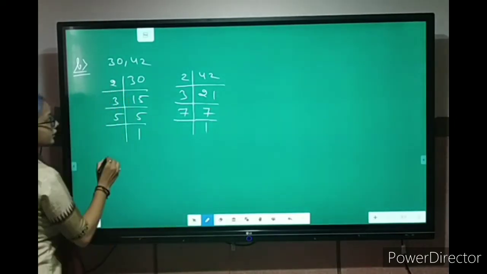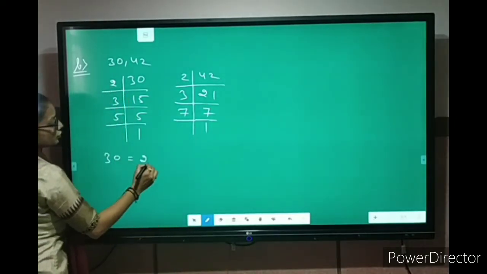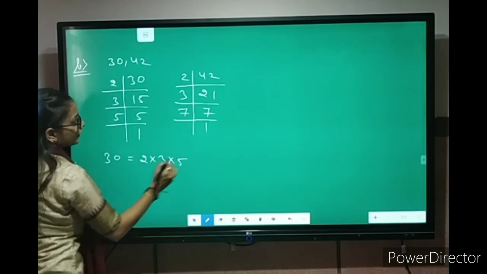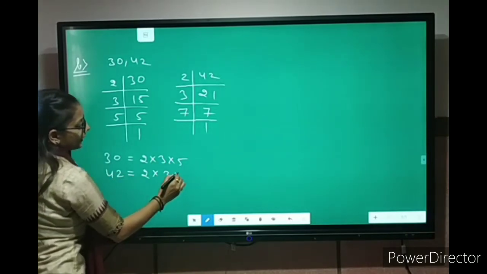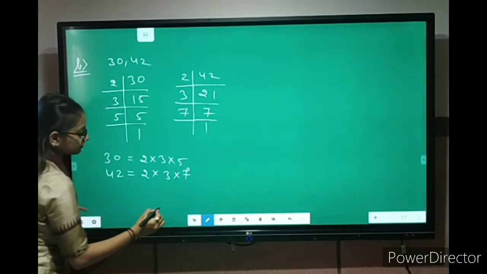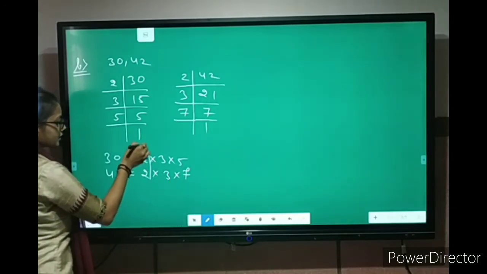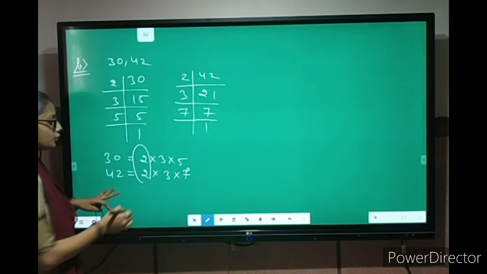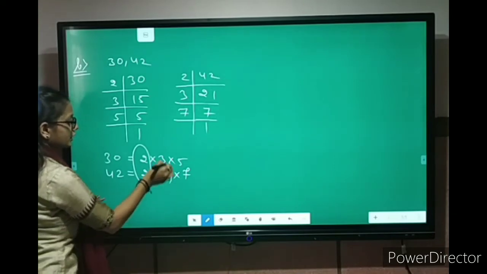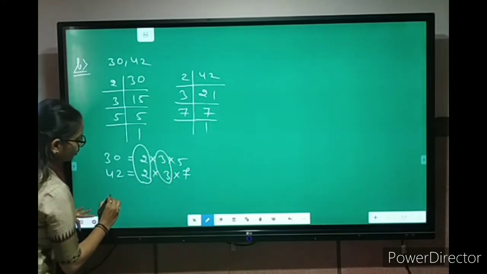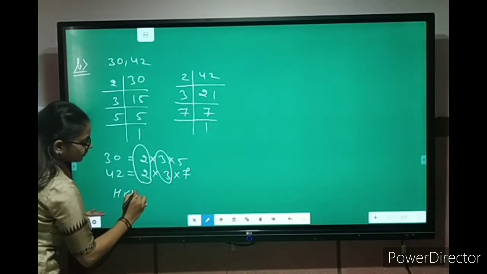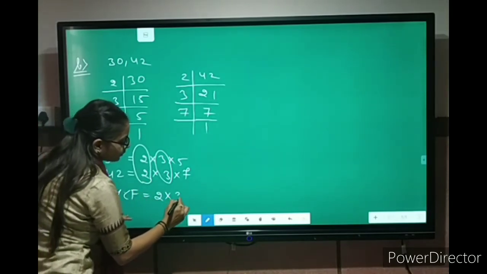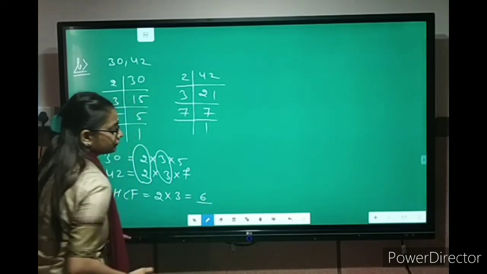Factors of 30 equal 2 multiplied by 3 multiplied by 5. Factors of 42 equal 2 multiplied by 3 multiplied by 7. Common factors between 30 and 42 are 2 and 3. So the HCF is 2 multiplied by 3 equals 6.